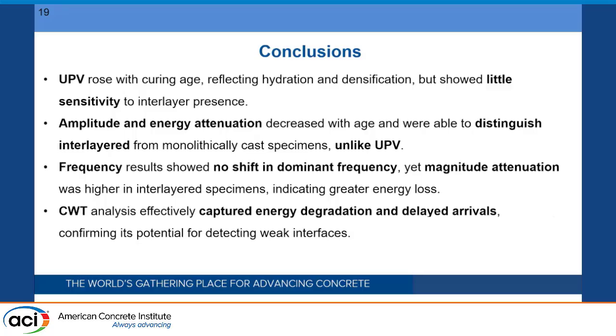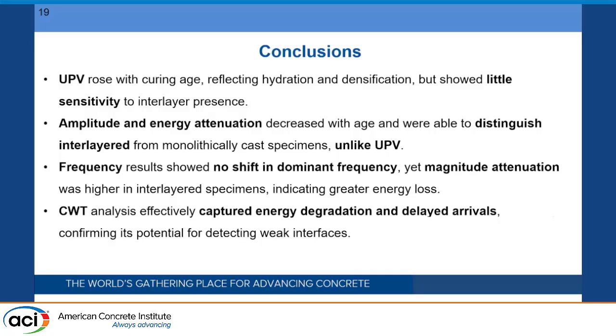Now I want to present the main conclusions for this research. We found that UPV rose with curing age, which reflects hydration and densification, but it showed little sensitivity to interlayer presence. Amplitude and energy attenuation decreased with age, and were able to distinguish interlayered from monolithically cast specimens, unlike UPV.